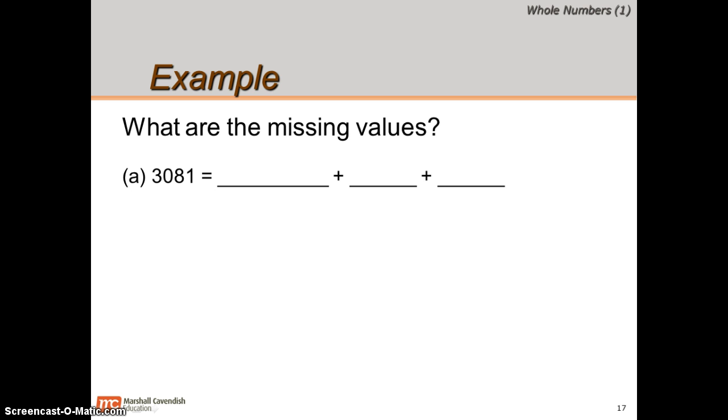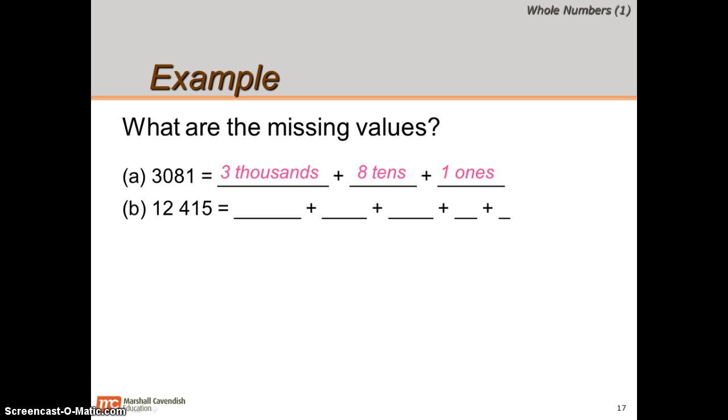3,081. If we break this up, what do we have here? Max. 3,000 plus 8 tens plus 1 ones. Alright, we'll use this way: 3,000, 8 tens, and 1 ones. Next. It's okay.